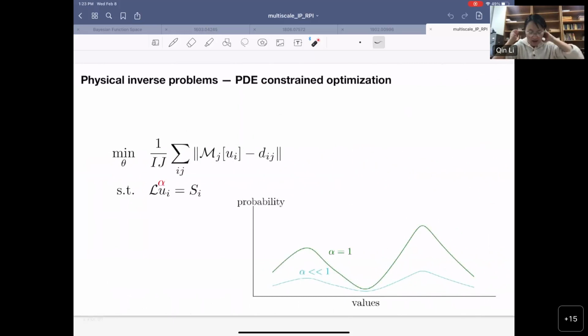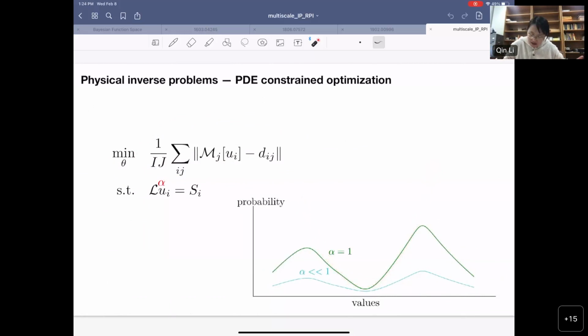So this has a significant impact on the PDE constraint optimization. The landscape over here is pretty much to tell you how sensitive you are with respect to the data. If you are sensitive, then you are immediately in the minimizer, so you have a very sharp objective function.